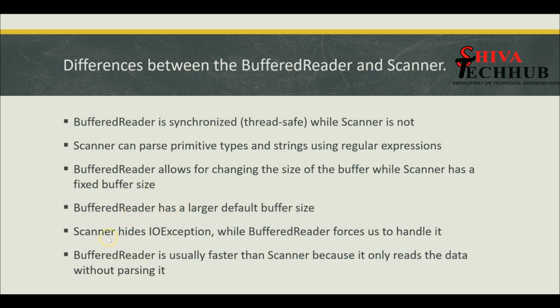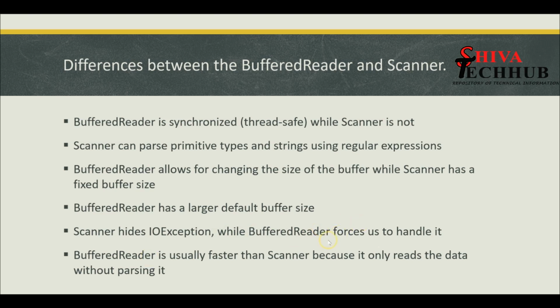Now, Scanner hides IOException while BufferedReader forces us to handle it. The meaning of this is, whenever you create a BufferedReader object, there will be an error symbol displayed under this class, which asks you to handle the exception.